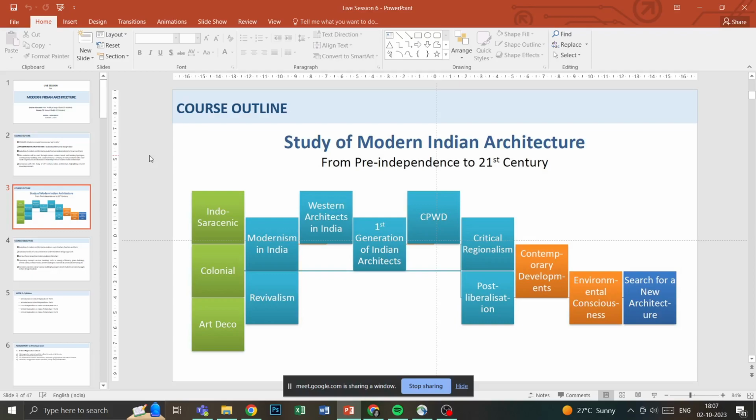Then the role of CPWD, a few buildings by CPWD, critical regionalism, post-liberalization, contemporary developments, environmental consciousness, and the search for a new architecture.